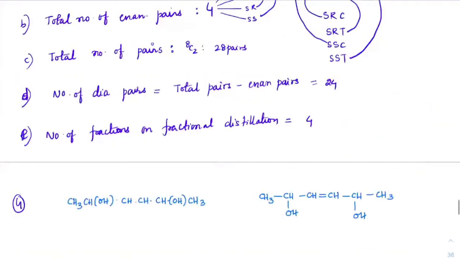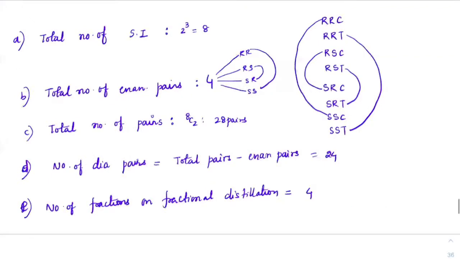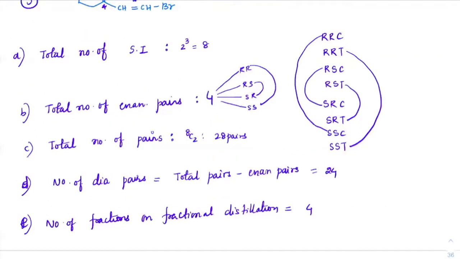So the total number of enantiomeric pairs is 4 or 2, sir? Because you have 8 different molecules, beta, you have to consider the cis part also. So this cis also should be taken into account.